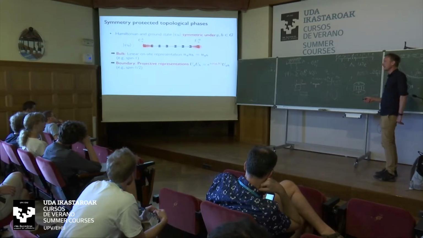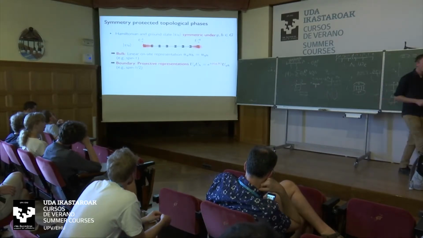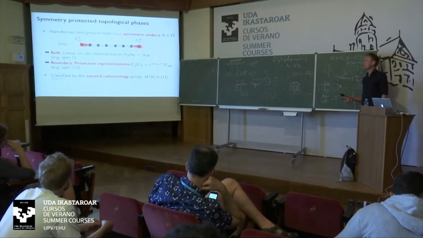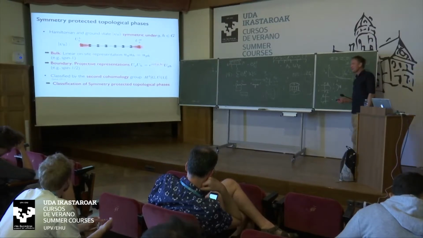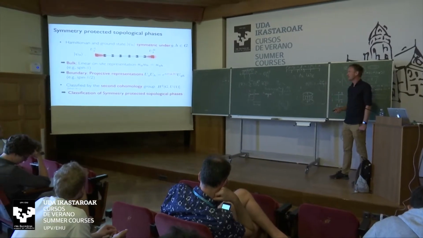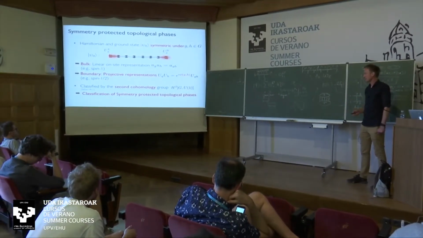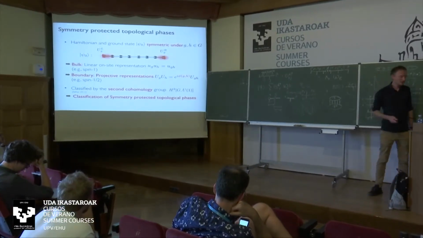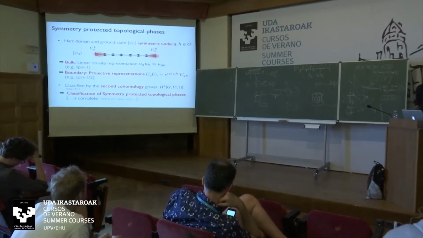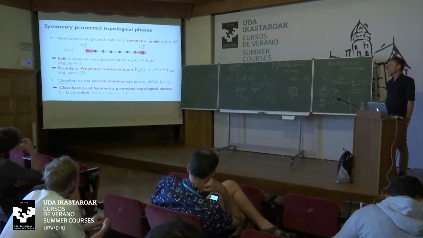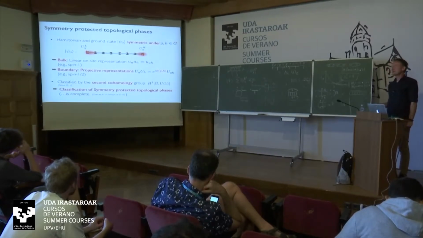Right. So this is the ingredient: we have a linear on-site representation, and then we can have projective representations at the edge. And for projective representations, we know from mathematics that they are classified in terms of the second cohomology group. But now, this directly generalizes to a classification of symmetry-protected topological phases. And the idea is the following.